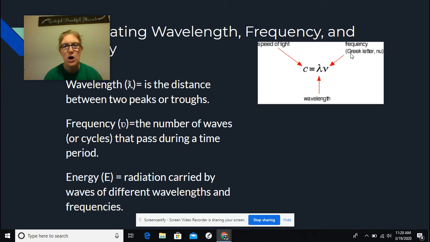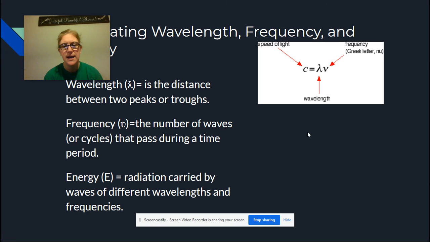Frequency is measured in hertz or cycles per second, like 1 over s. Wavelength is measured in meters. It's a length. And of course, the speed of light is a constant, 3.0 times 10 to the 8th meters per second.